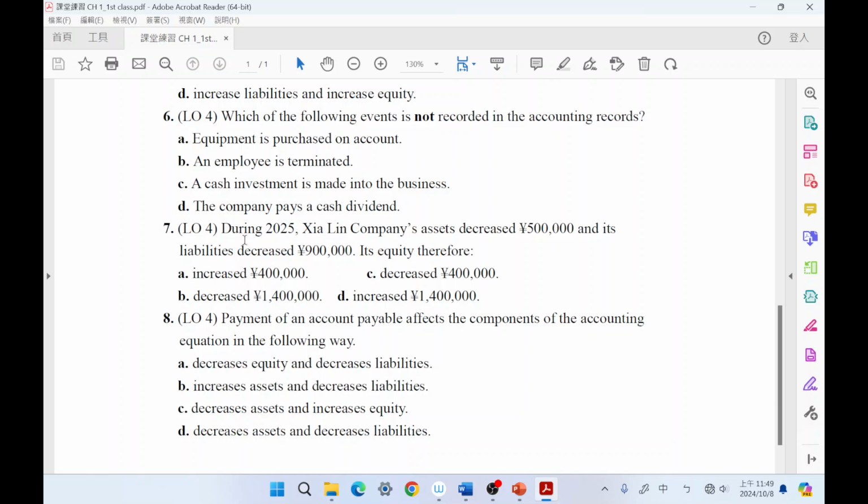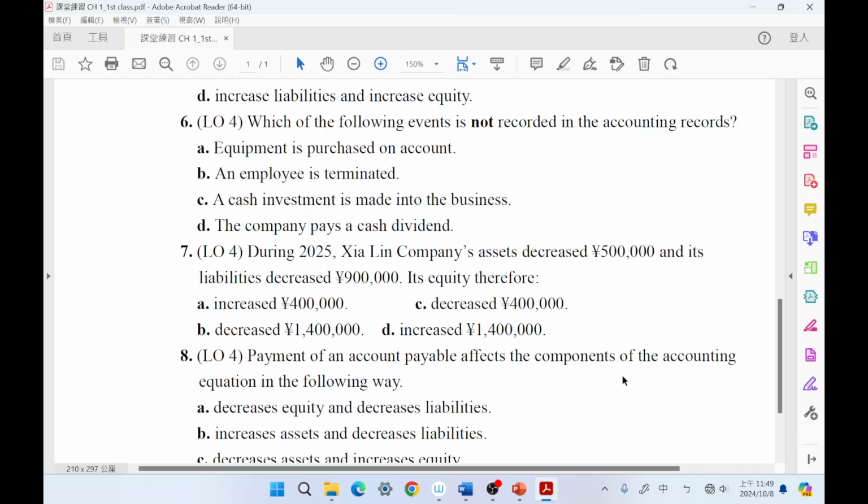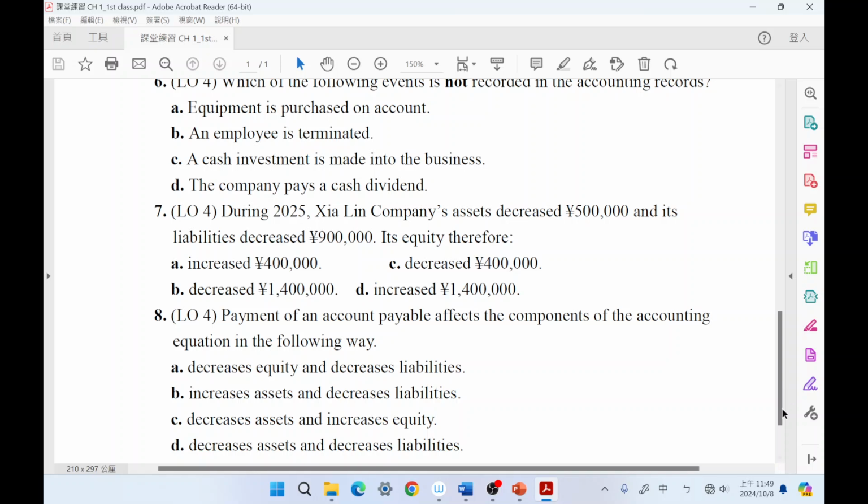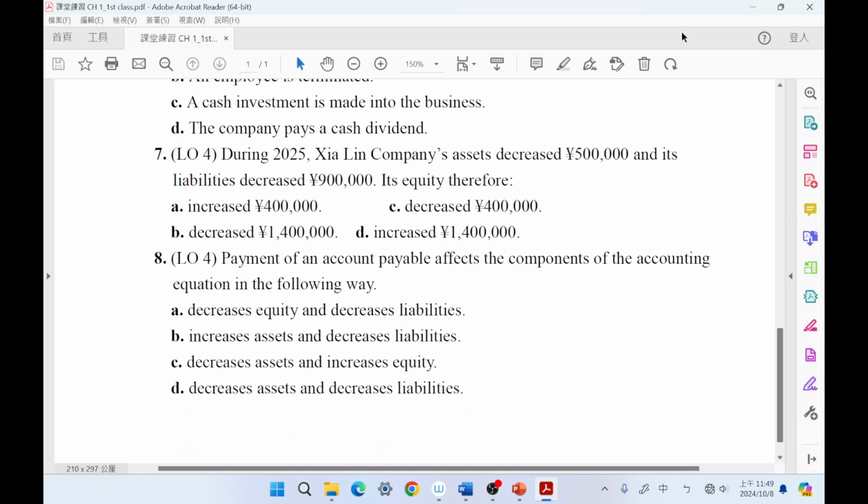Please finish here. Look at questions 7 and 8. Finish 7 and 8, then you can go home. 10 minutes. And for 7 and 8, please also tell me whether it is debit or credit. We want to combine today's content. Tell me whether it is A, B, C or D; there is only one correct choice.